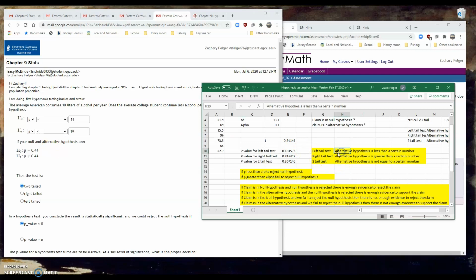So right here again, you can use these in your spreadsheet to kind of help you out. In a left tail test, the alternative hypothesis is less than a certain number. In a right tail test, the alternative hypothesis is greater than a certain number. And in a two tail test, the alternative hypothesis is not equal to a certain number. So it's just different.